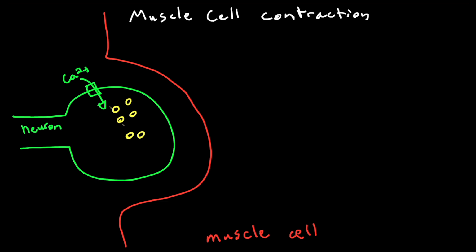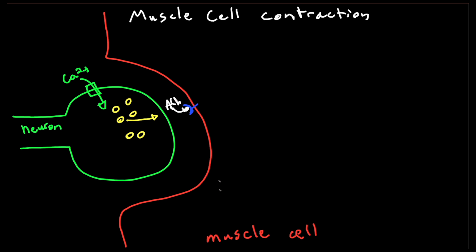And when this calcium comes in, it'll help them dock and fuse to this membrane, and then shoot out their vesicle contents, which in the case of a skeletal muscle, what really activates this cell to go off, let me draw it in blue here, here's a receptor on the muscle cell, is acetylcholine, which is pretty famous for doing this. So acetylcholine will shoot out here once this vesicle fuses, just like that. That's acetylcholine. It'll bind its receptor right here, and this will start the process.